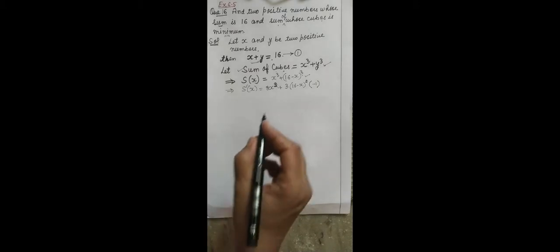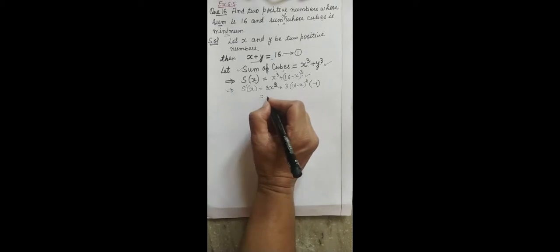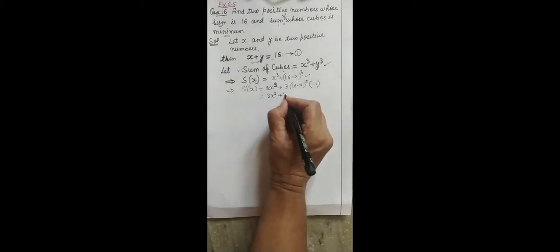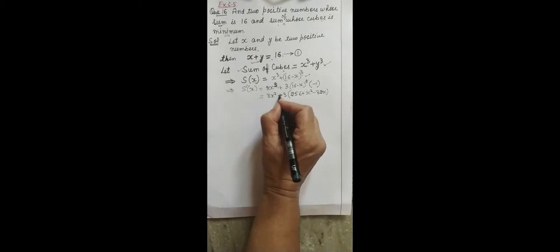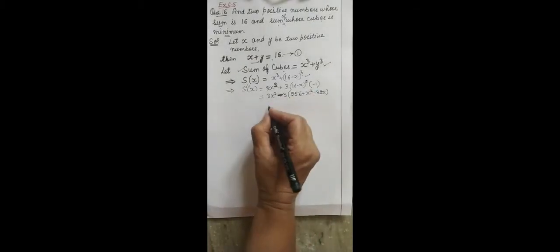This is my derivative. Now I will simplify it. This gives 3x square plus 3 into (256 plus x square minus 32x). And it is plus into minus, so here it should be minus.